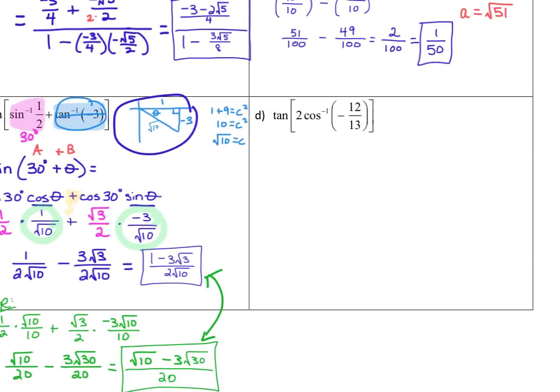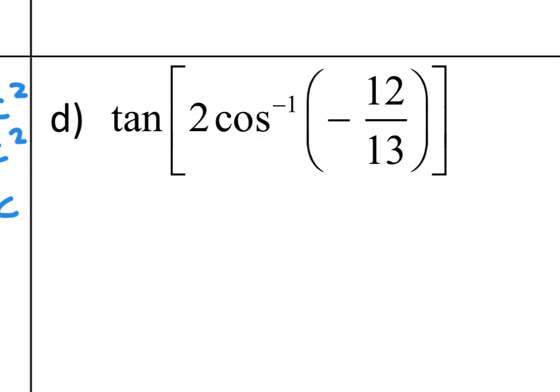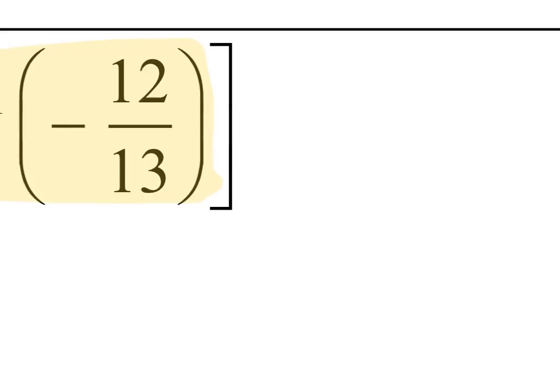So in this last problem D in this section, notice your input is a negative input into inverse cosine, and so your triangle is going to need to be a second quadrant triangle. So over here, I am going to draw for myself a second quadrant triangle.